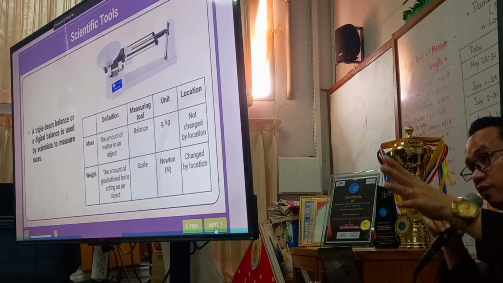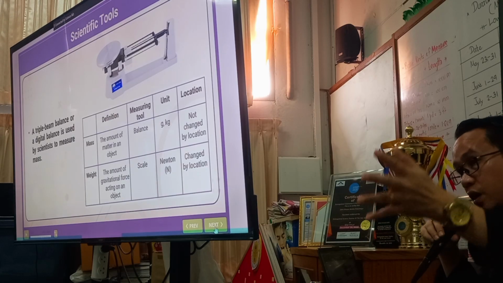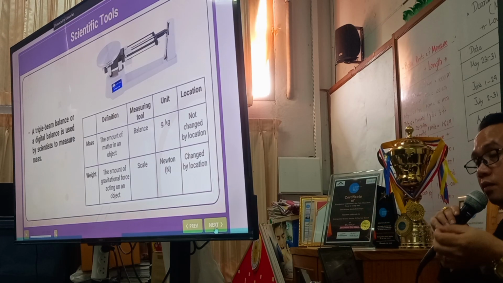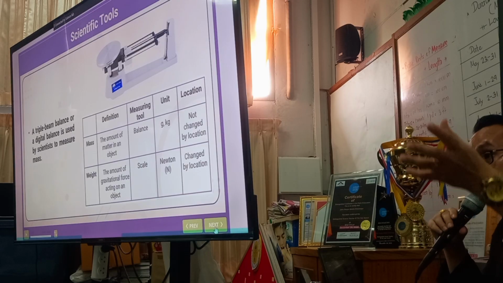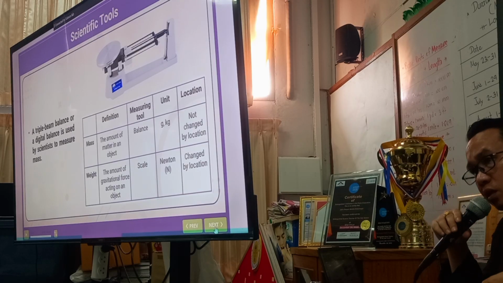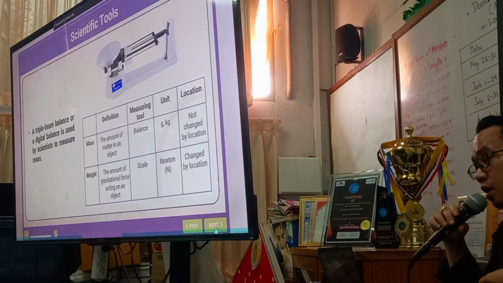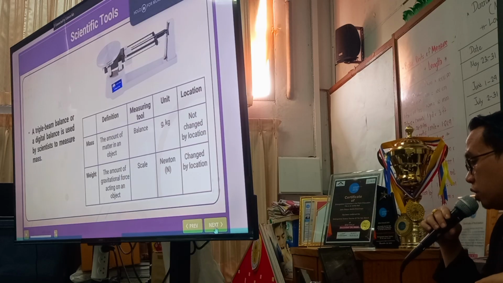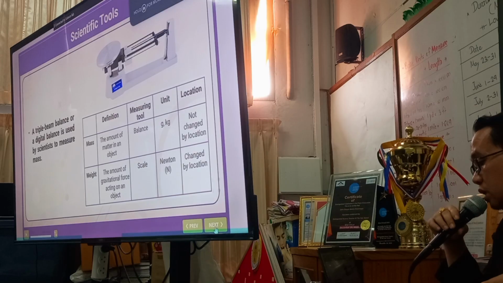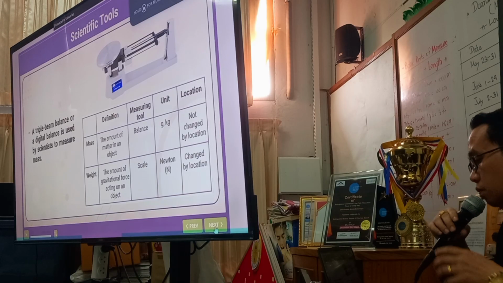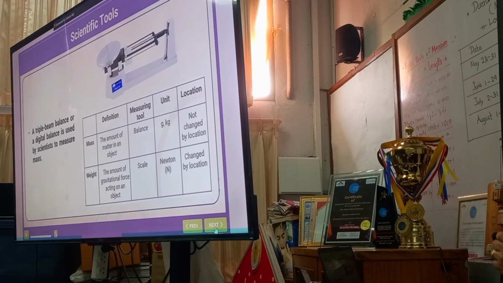Don't be confused, because if you weigh your body, someone would ask you what your weight is, and you will answer in kilograms. Mass is not changed by location, while weight is changed by its location.